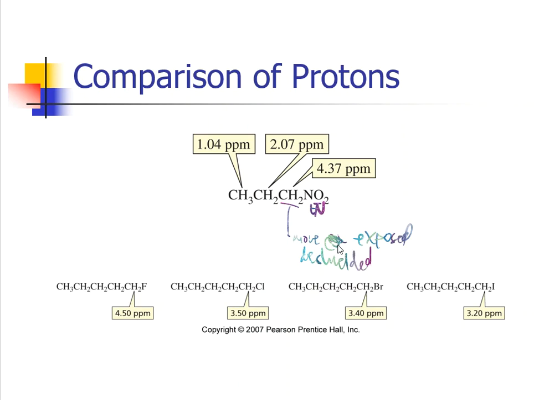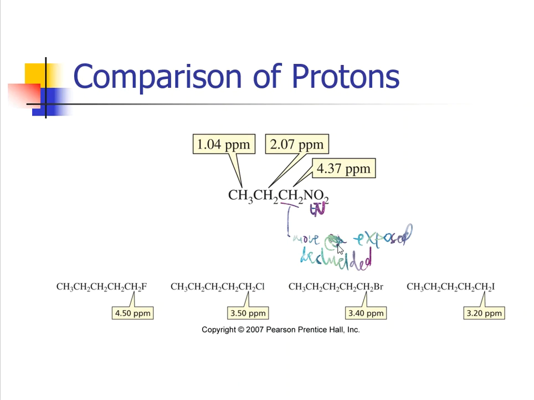That's what that means. Not a lot of things are around them. They're exposed, and if not a lot of things are around them, then that means they don't have anything shielding them. So they're deshielded atoms. They're deshielded protons. And if you look at that number, it's 4.37. That means 4.37 ppm is where this is going to show up on the spectra.